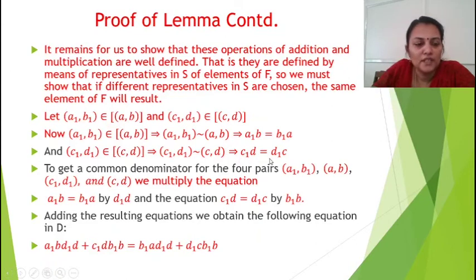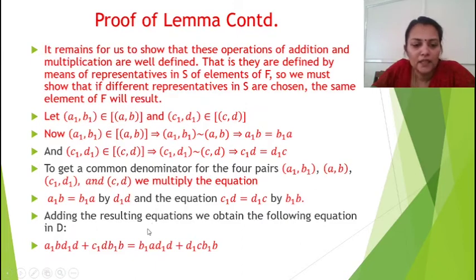To get a common denominator for the pairs (a1,b1), (a,b), (c1,d1) and (c,d), we multiply the equation a1b = b1a by d1d and the equation c1d = d1c by b1b.